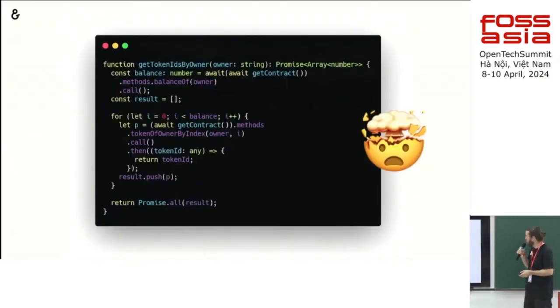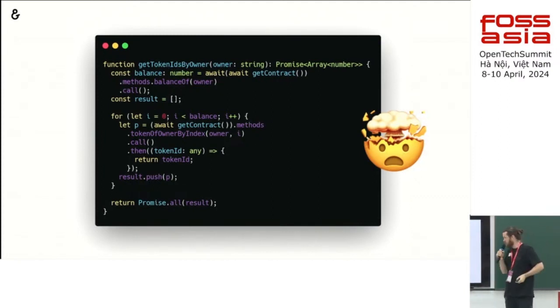So what we see is something like this in the wild. This is actually real code from a hackathon, where someone wanted to get all of the NFTs in a particular wallet. All they needed to know is how many NFTs that user had when they connected their wallet. So you have to create an object, get the balance of the wallet, then loop through that balance and get all of the token IDs, push those into an object, and then display those as a result.